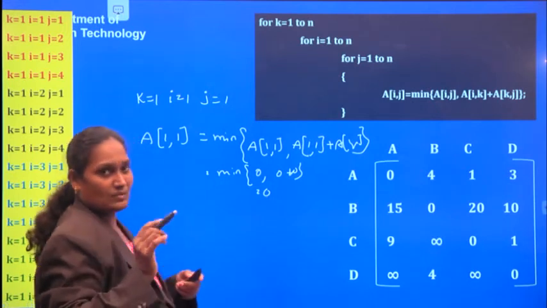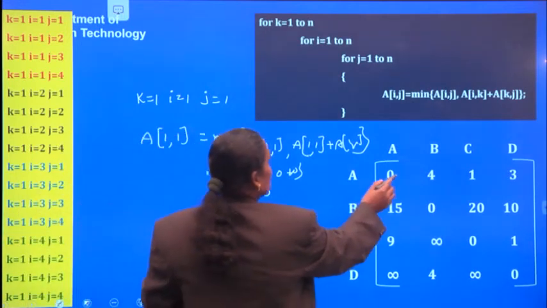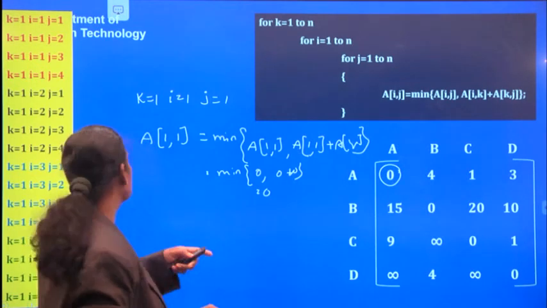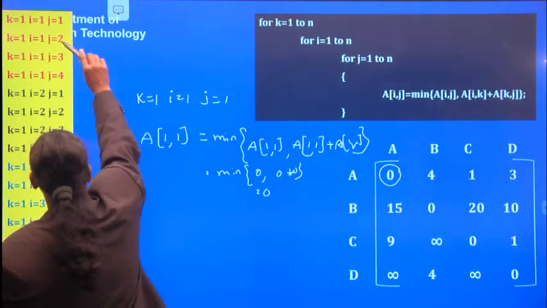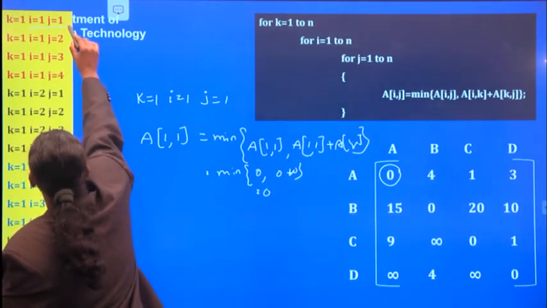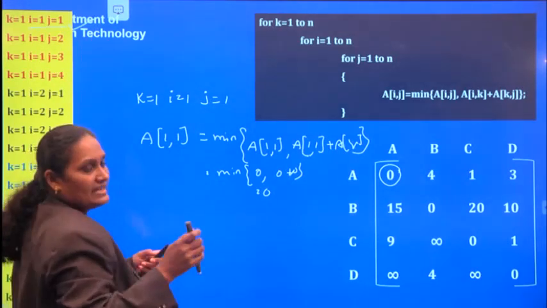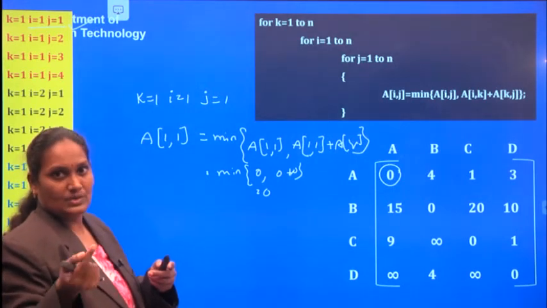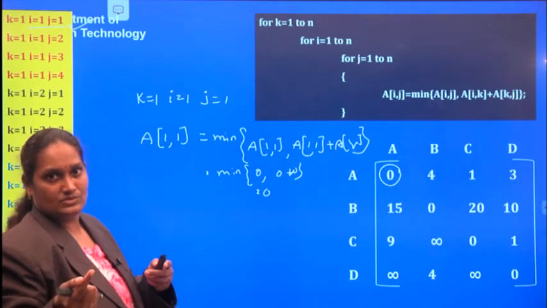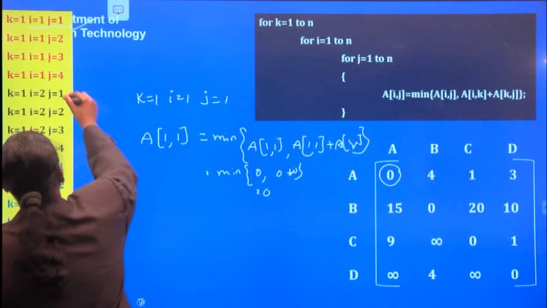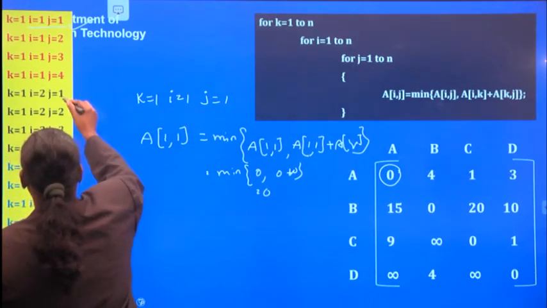So you can understand one thing: these values are never updated. That's why you need not trace those where the i and j values are equal. Whenever you find i is equal to 1, j is equal to 1, i is equal to 2, j is equal to 2, i is equal to 3, j is equal to 3, i is equal to 4, j is equal to 4, those values need not be traced or analyzed.